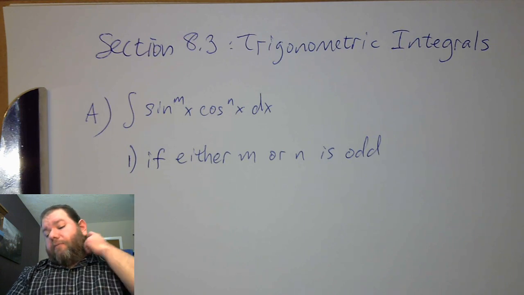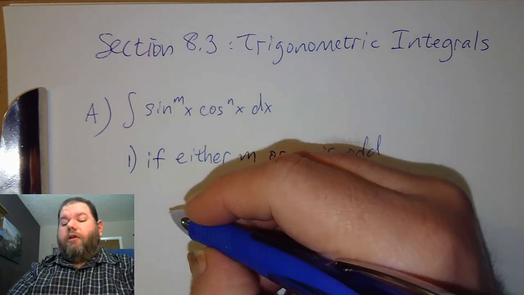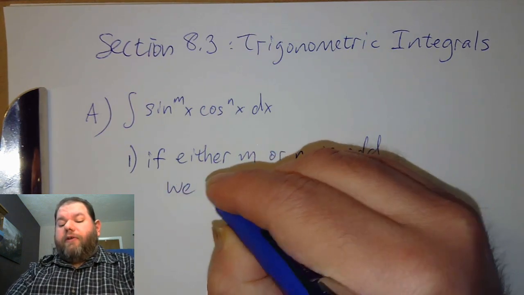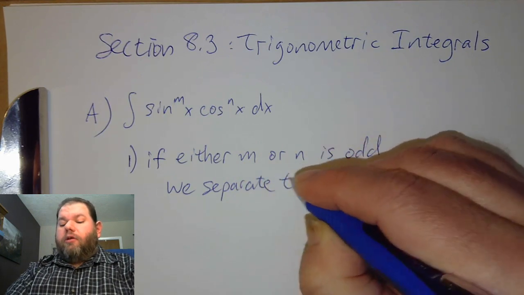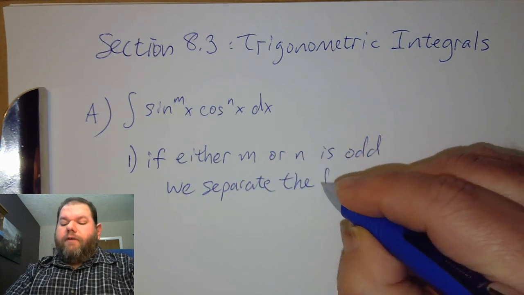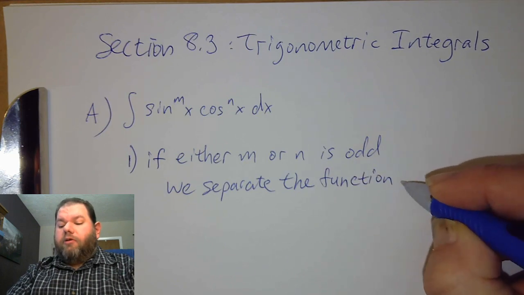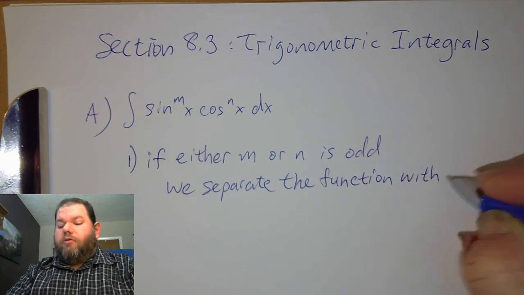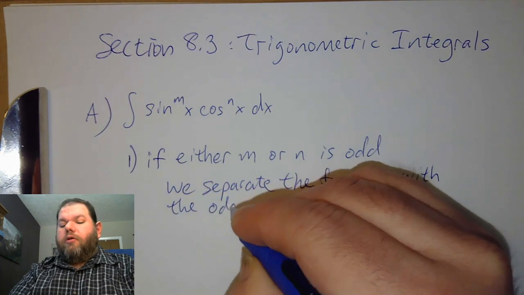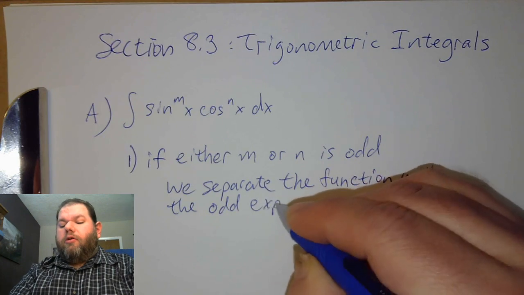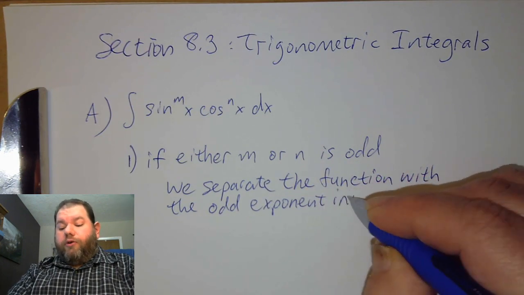So if either m or n is odd, we separate the function with the odd exponent into two terms.